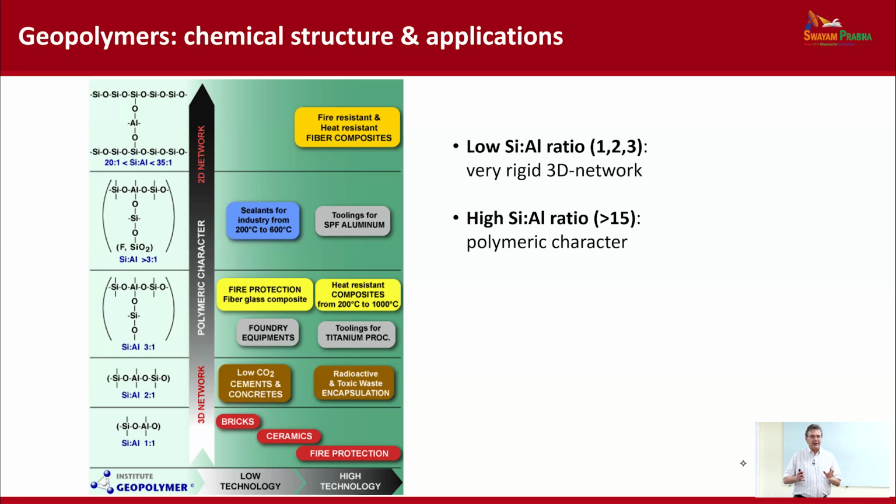So basically, this is like a cement, okay? So you take your dry powder, you mix it with a liquid, and then you have reactions, and you form a solid.